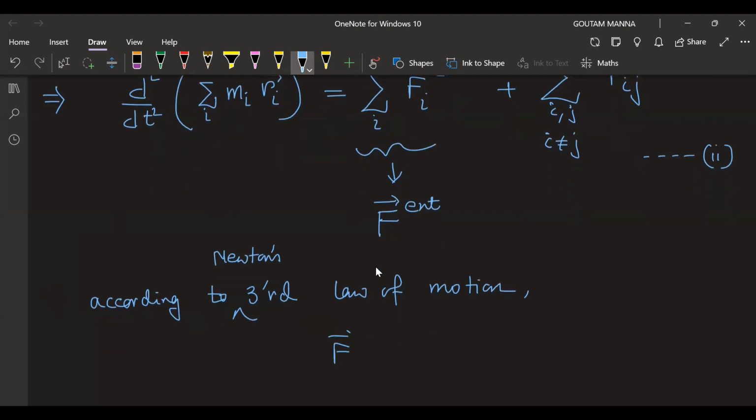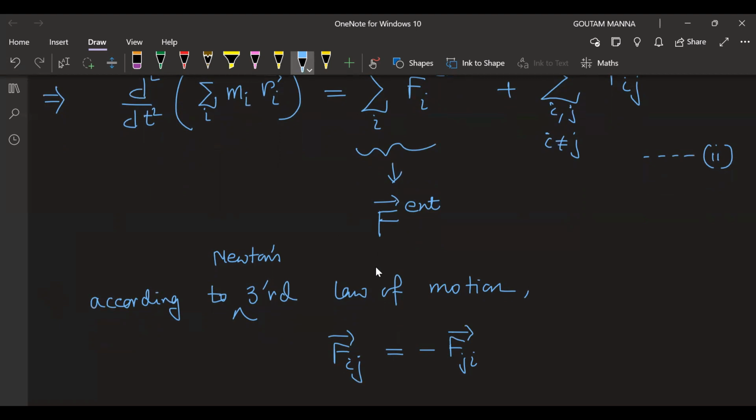f of ij is equal to minus f of ji. That means the force acting on the ith particle by the jth particle is equal, but in the opposite direction, to the force acting on the jth particle by the ith particle.